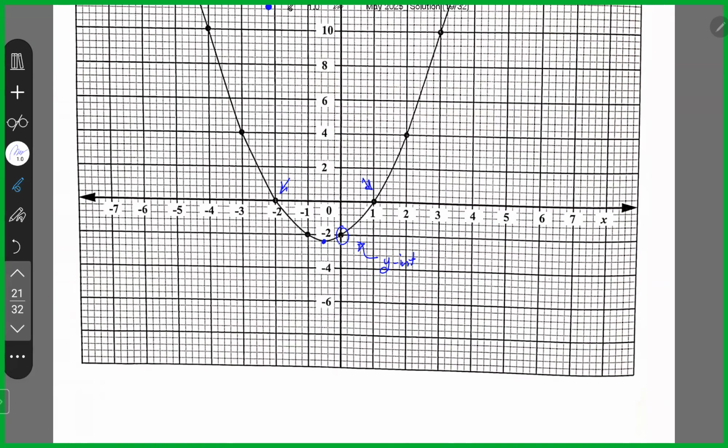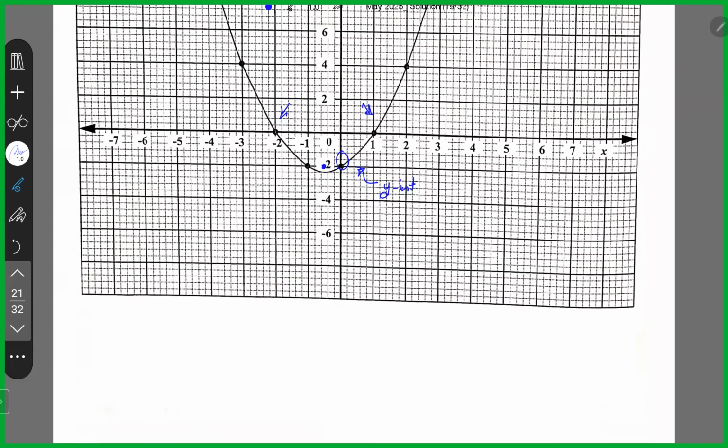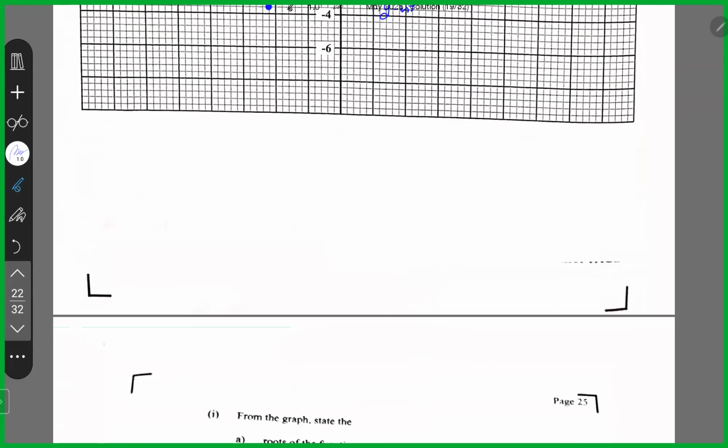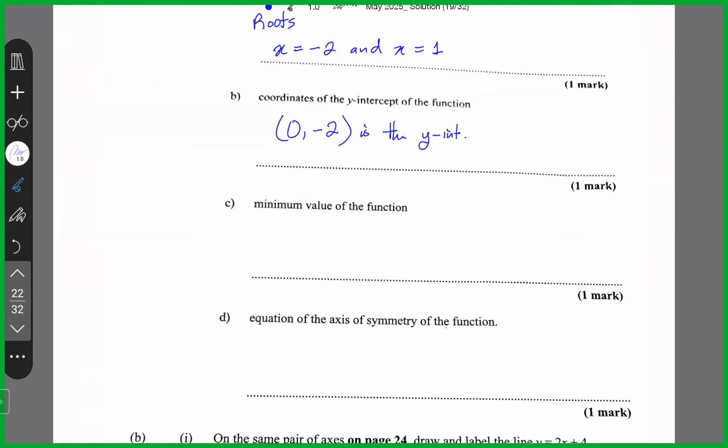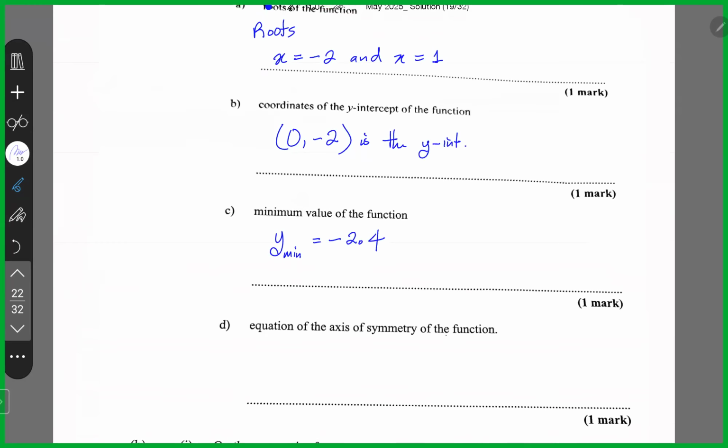So this must be 2.4, 2.8, 3.2, 3.6. So this is actually minus 2.4. So the minimum value of the function, y min, is actually minus 2.4.